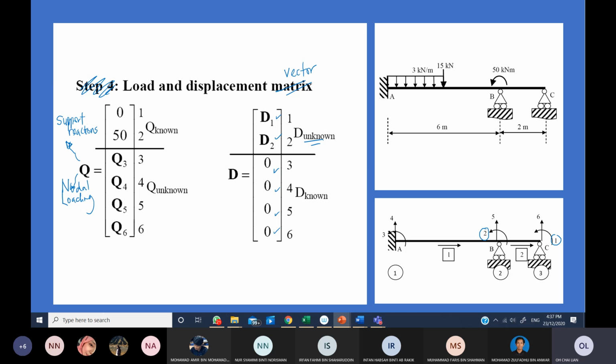Okay, class, may I know which loading is acting on the nodes? Three kilonewton? Please refer to this problem. Any loading acting on the nodes, and what is the value?